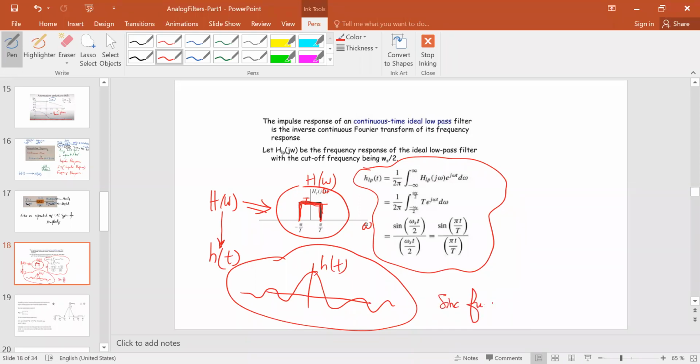Now, there are many problems with the sinc function, because sinc functions cannot be realized in real time because it has infinite support. It goes from minus infinity in time to plus infinity in time. As I told you, Fourier transforms are designed in frequency, but they are applied in time.